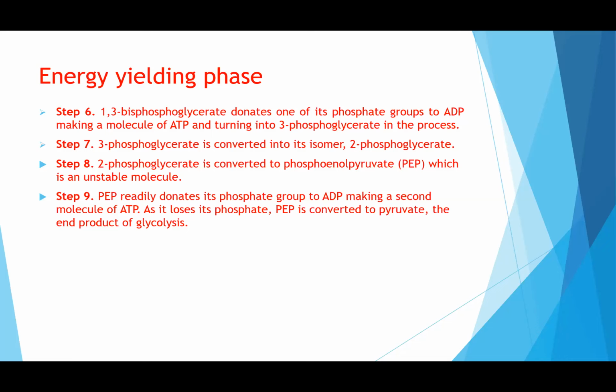Sir, two from one molecule, but there are two molecules, so four ATP have been produced. These are two ATP from one molecule of phosphoglycerate, but we have produced two molecules of phosphoglycerate. That's why the overall product is two ATP molecules, isn't it? Yes.